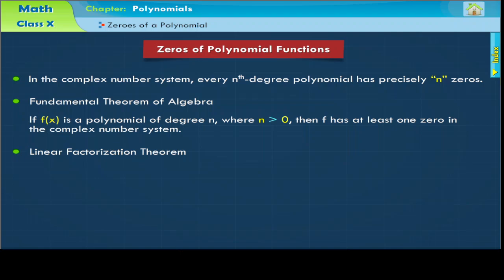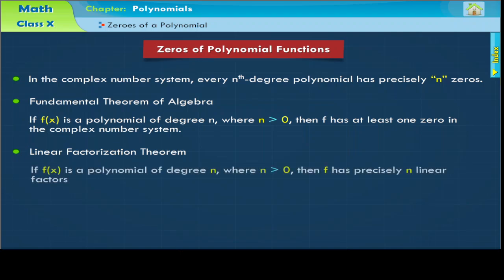Linear factorization theorem: if f of x is a polynomial of degree n, where n is greater than 0, then f has precisely n linear factors. f of x is equal to an times x minus c1, x minus c2, to x minus cn, where c1, c2 to cn are complex numbers.